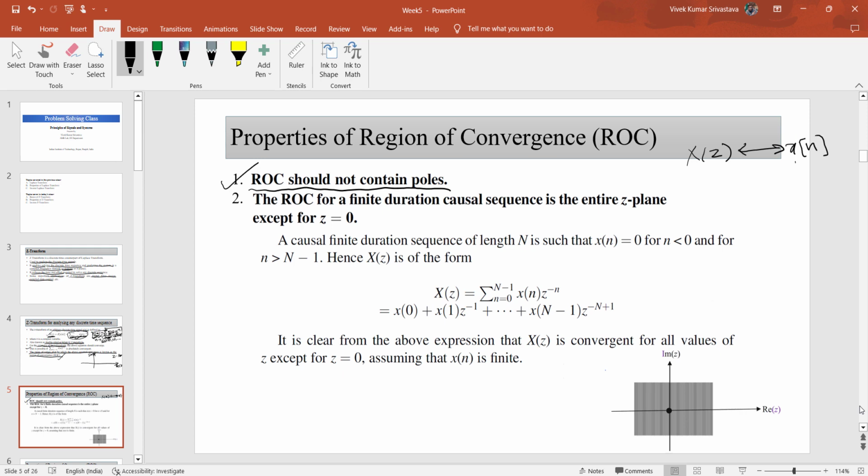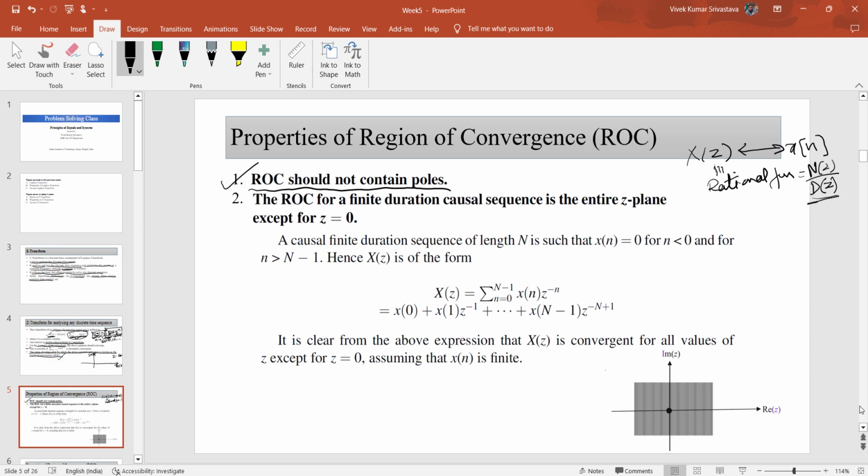Once you evaluate it, X of z comes as a rational function, meaning it has both a numerator and a denominator term.